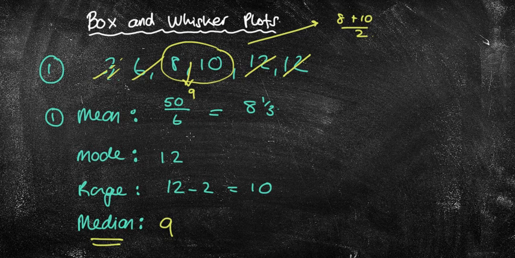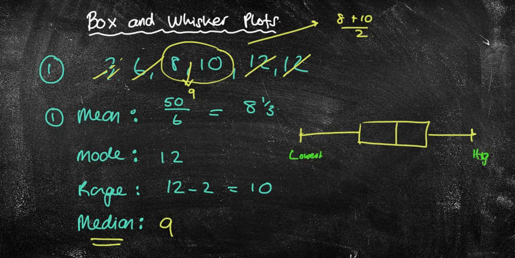Now that last step is the most important for today's lesson, because today we're going to look at what is called a box and whisker plot. In short, it's going to be a little box that kind of looks like this, that has 5 points of data. It will contain the lowest score and the highest score.